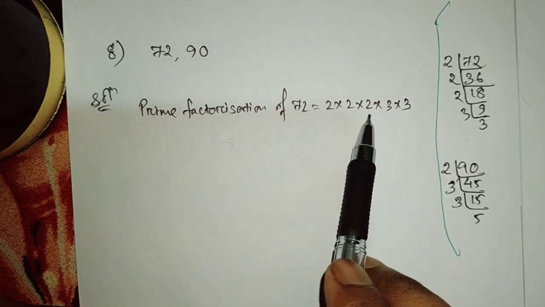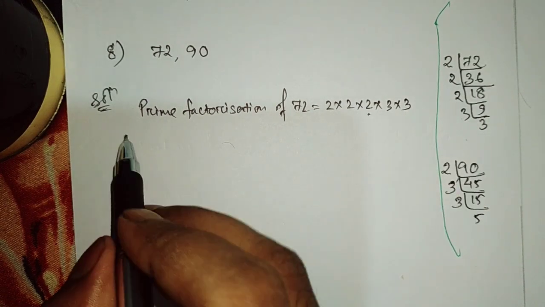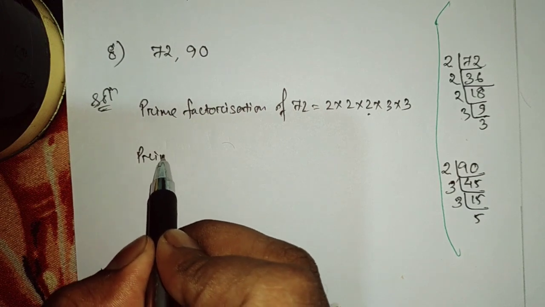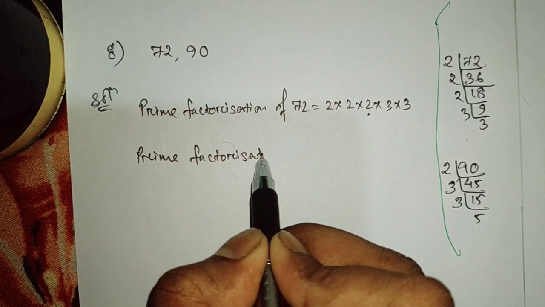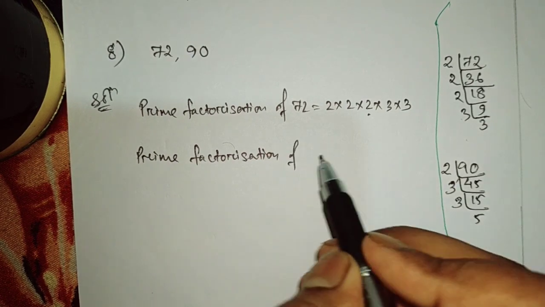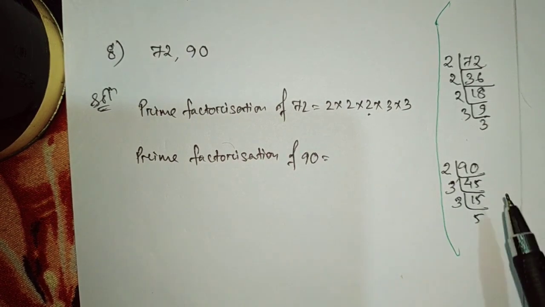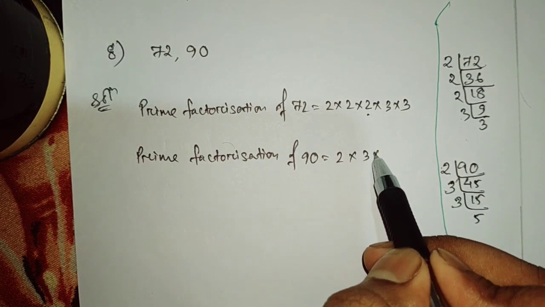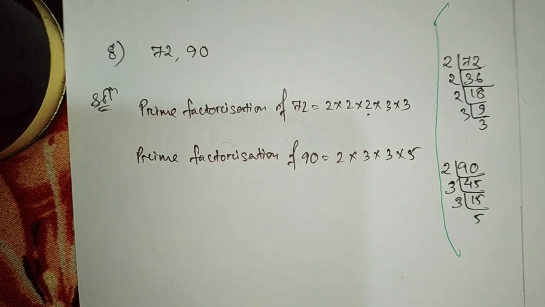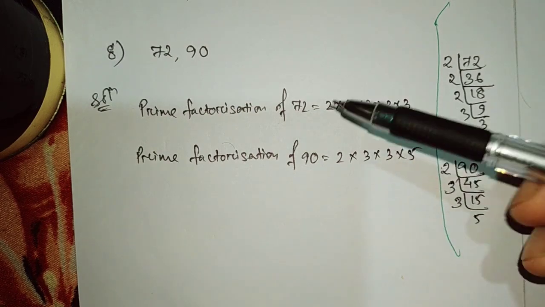Okay, so three 2s are there and two 3s are there. Then the prime factorization of 90 is 2 into 3 into 3 into 5.